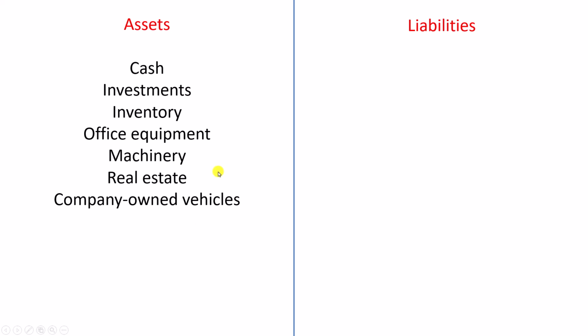Okay. Now if we consider your personal assets, then the money that you have in your bank account under your name would be your asset. Your mobile phone, your bike, your car, or any electrical equipment that you have in your house would be considered as asset.